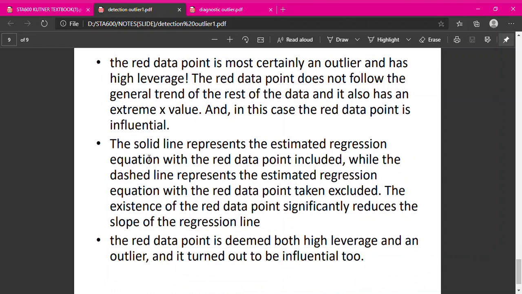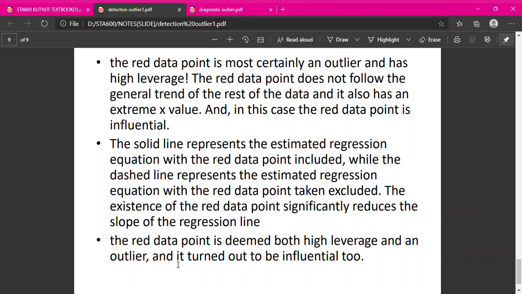Kenapa? The solid line represent the estimated regression equation with the red data point included, while the dashed line represent the estimated regression equation with the red data point excluded. The existence of the red data point significantly reduce the slope of the regression line. Okay, dia akan effect.